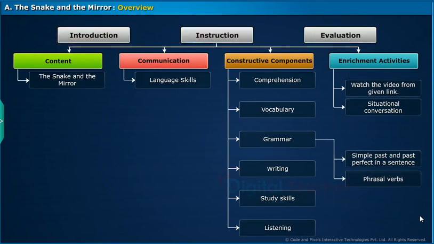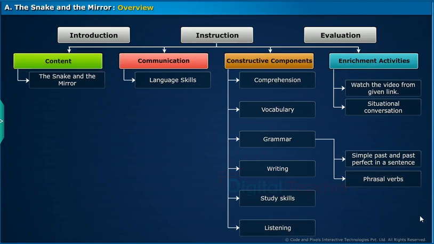The Instruction section divides the contents of the lesson into 4 subsections. They are Content, Communication, Constructive Components, and Enrichment Activities. The lesson is covered under Content.